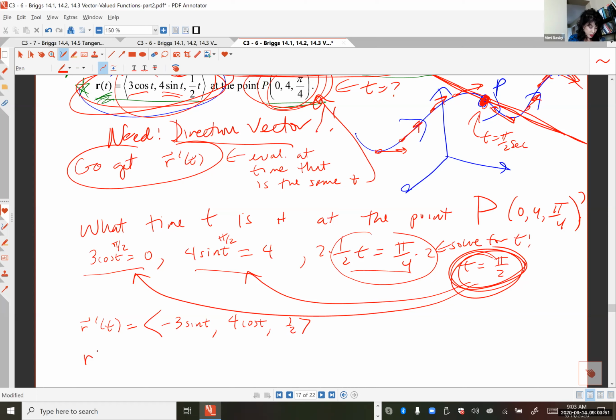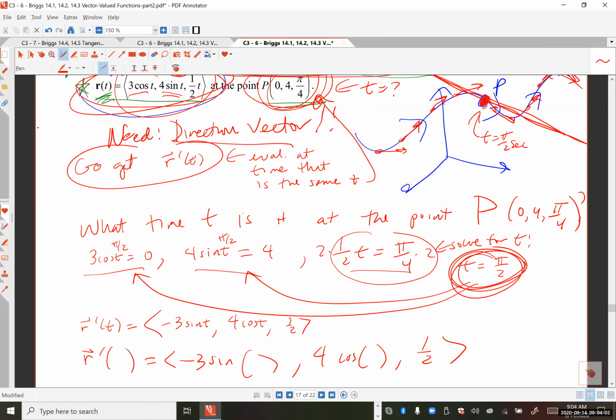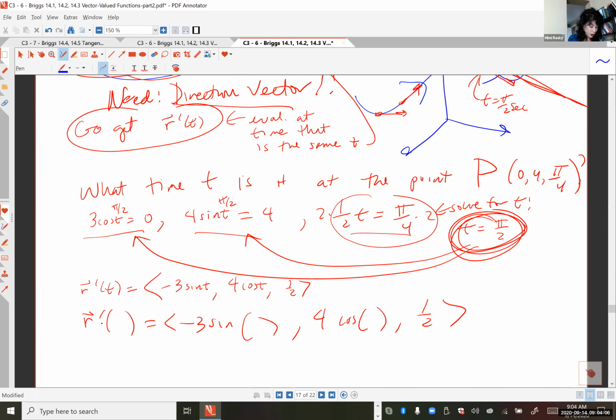And then the actual direction vector will be r prime evaluated at time t equals pi halves. Be careful: you must find an actual constant vector.